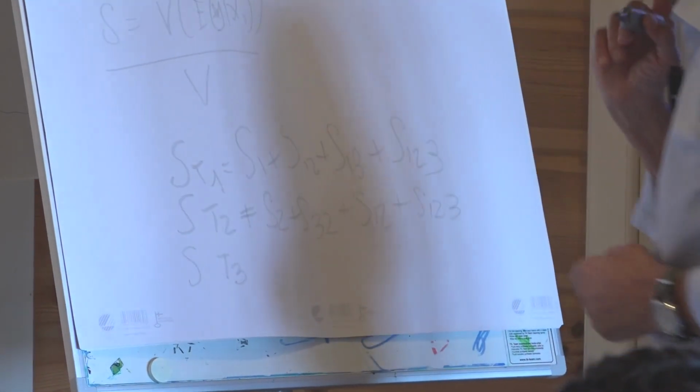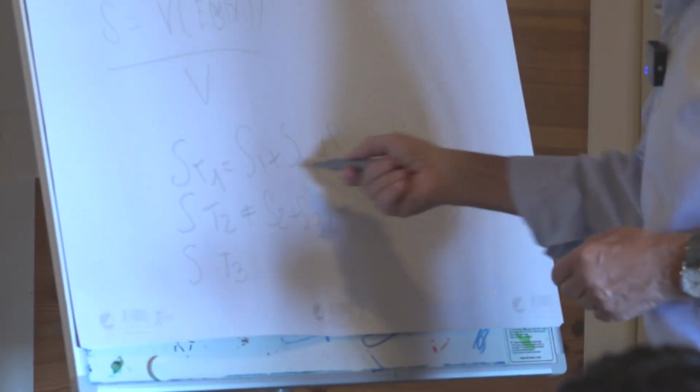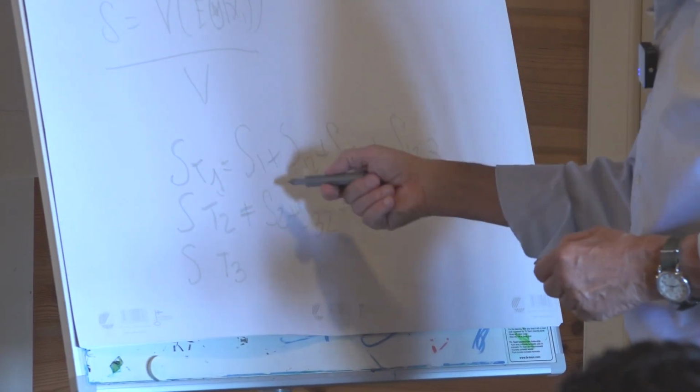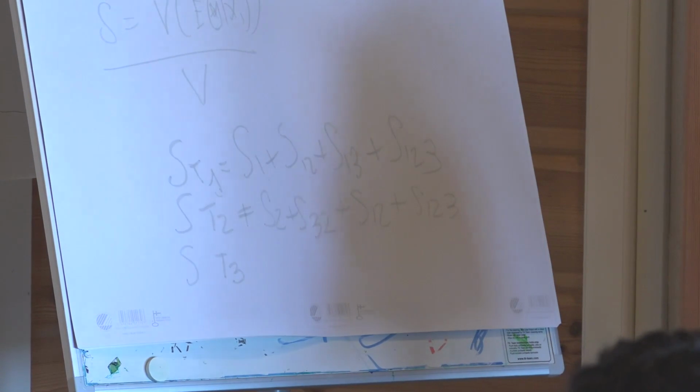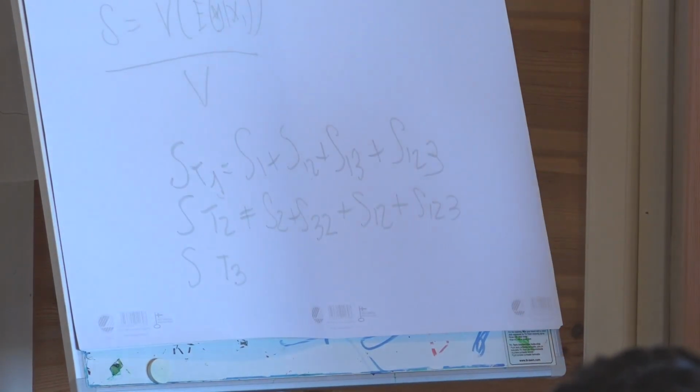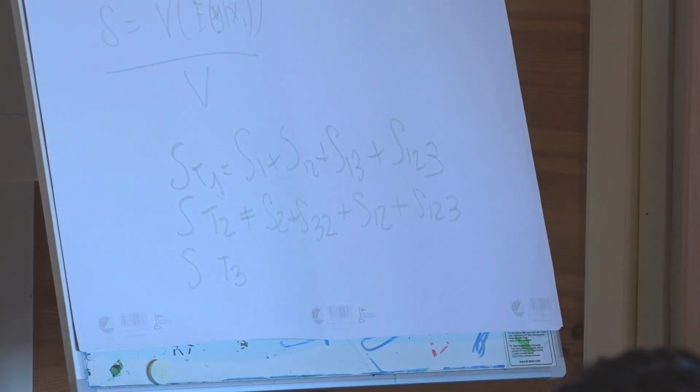No? So you sum all the terms which contain the variable. But what is the shortcoming of this approach, if you can think of one?